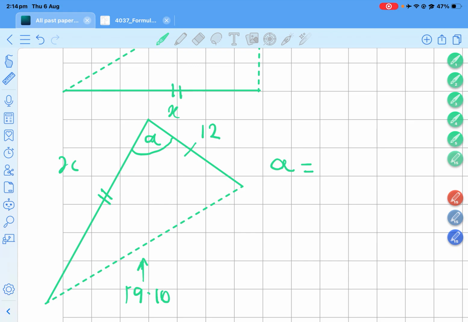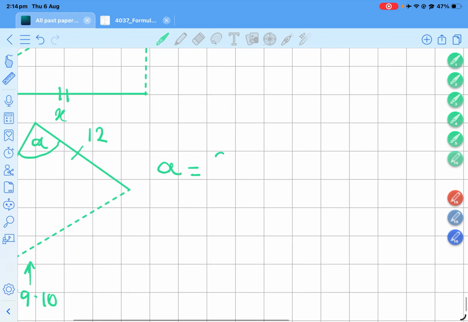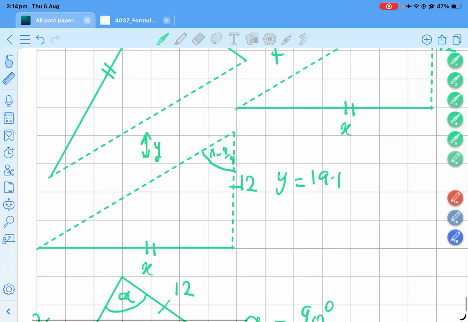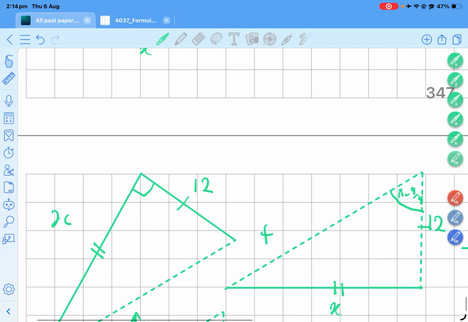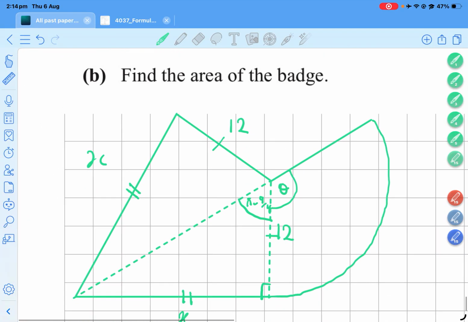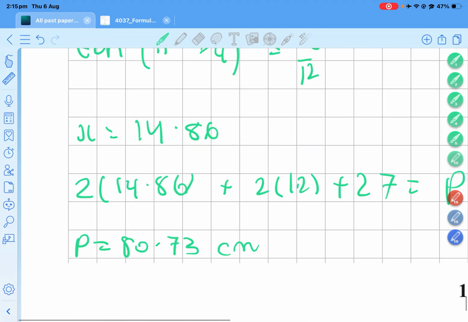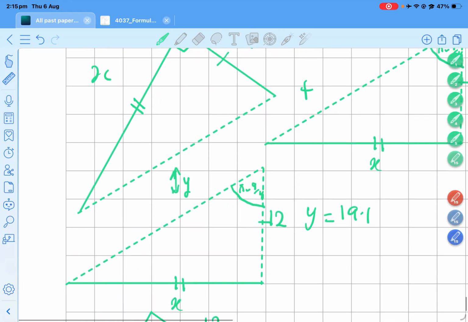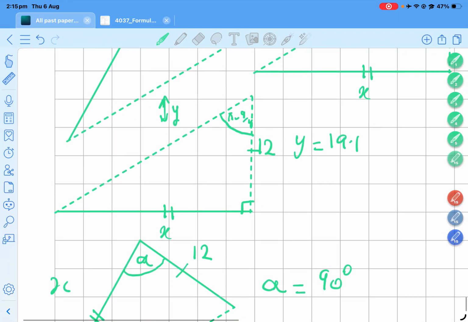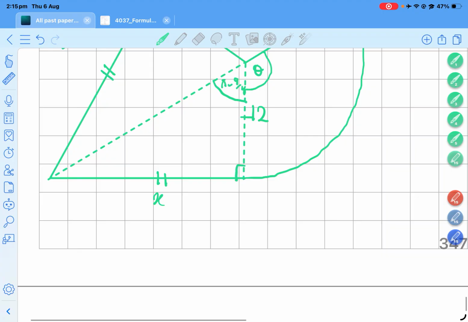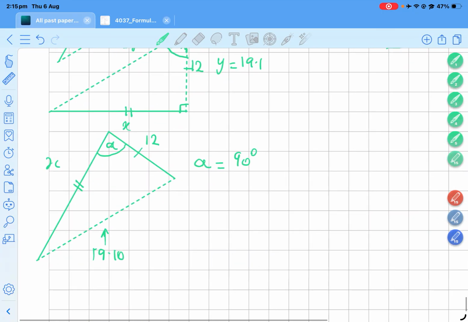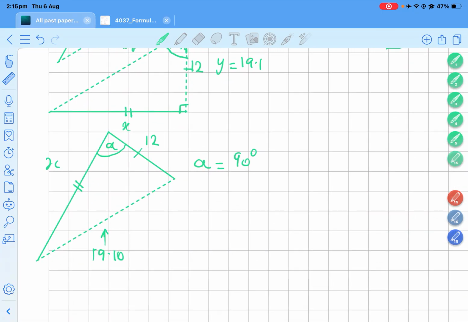This thing is also basically a 90 degree. Interesting. I mean, that could have actually helped us solve part B a bit faster, but no worries. It's good at least we found out. So alpha is 90 degrees.